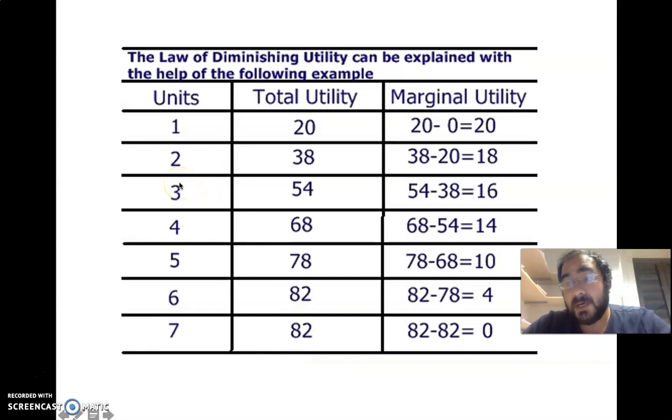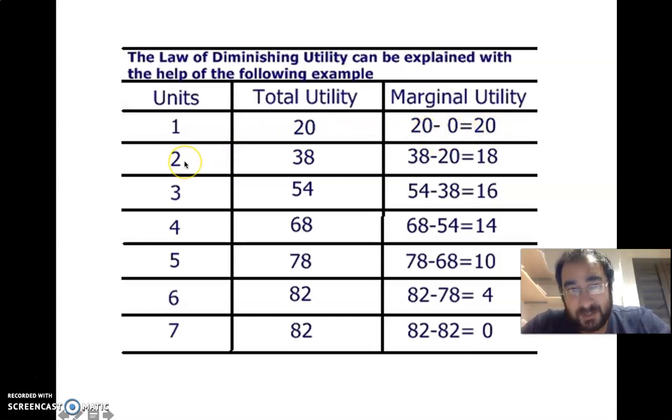In order to find marginal utility, I should find how many units of utility each unit is adding to the total utility. In the first case, of course, if I don't have any coffee, I don't get any utility from coffee. So the marginal utility of the first unit is 20 minus 0, which is 20.